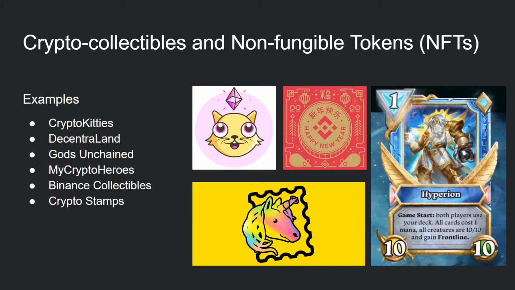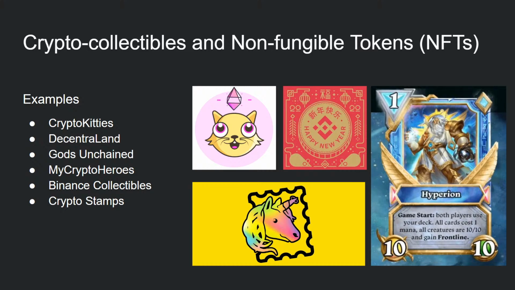Each CryptoKitty can have a combination of several different properties, such as age, breed, or color. And so each of them is unique, and they can't be interchanged with each other, but they can be exchanged. So this was a novel idea, and it went viral pretty quickly at a certain point, even reaching the mainstream media, as some of the CryptoKitties have sold for hundreds of thousands of dollars.